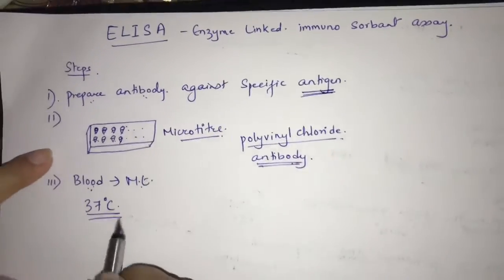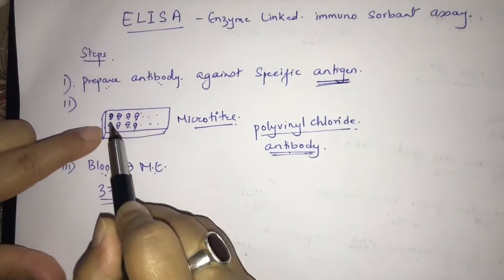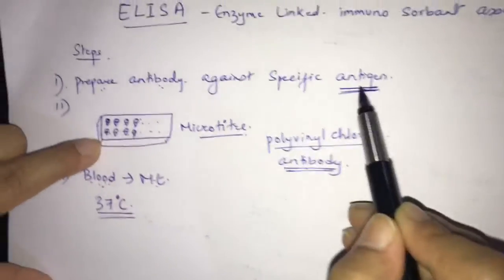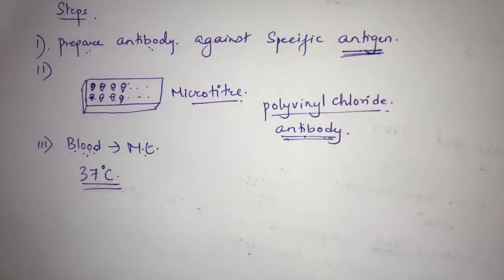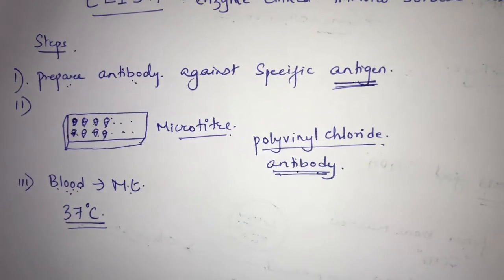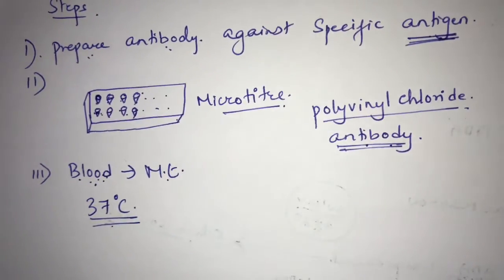Because this is coated with antibody, and after that we have poured the blood sample from the patient, which will have antigen, the antigen and antibody will form the complex and interact with each other when we put this into incubation.